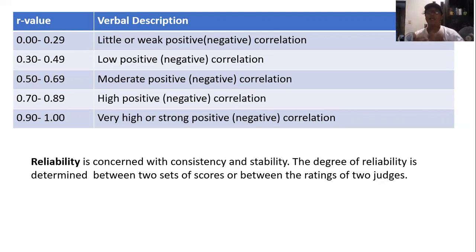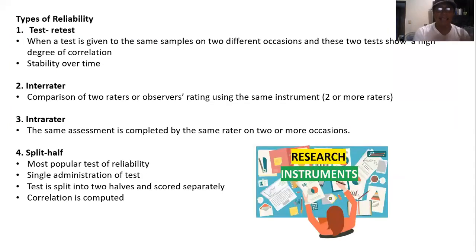Now, let's deal with the four types of reliability. The first one is test-retest reliability. This happens when the questionnaire is given to the same samples of respondents on two different occasions, and the responses or answers show a high degree of correlation.